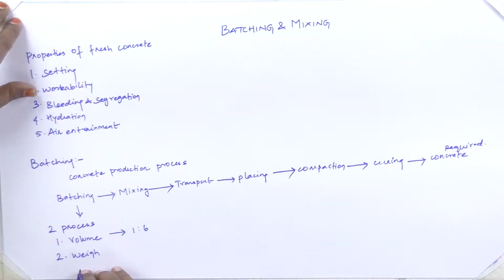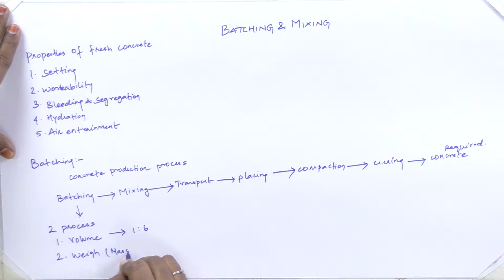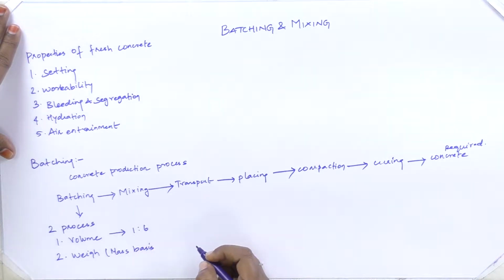And this weight batching is based on mass basis, and it is prescribed in IS 456-2000. In this weight batching, we are measuring the mass of the specified ingredients, so that there will not be much deviation as in the volume batching.